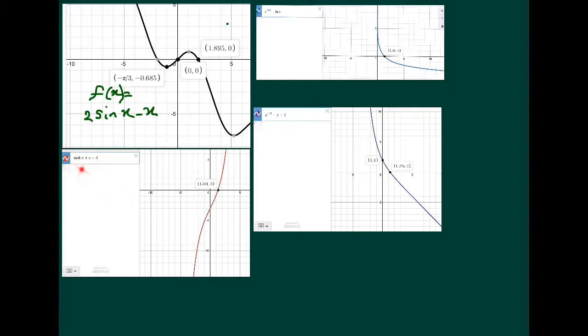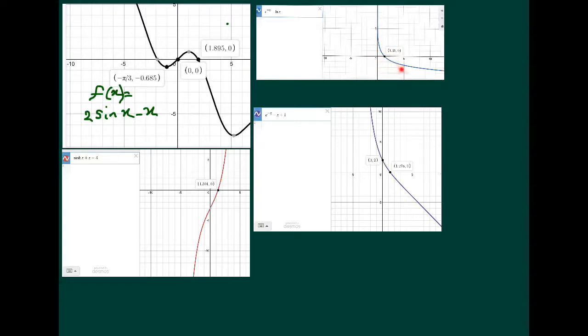In this one here, this equation, hyperbolic sine of x plus x minus x, we dealt with this in the last video, and this has one root where the curve cuts the x-axis at 1.301. And here, this function, which is e to the minus x minus log x, only has one root.